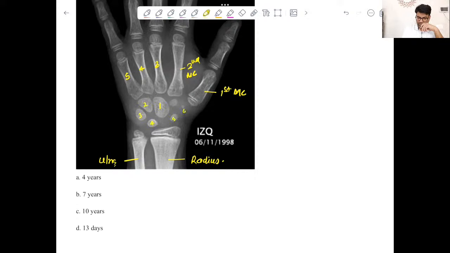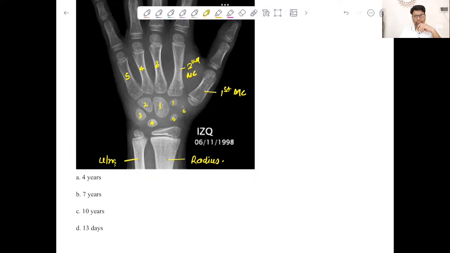This is sixth, very small, and this is seventh. So how many carpal bones can you count? It means these bones have ossified, and now we can see them. The ossification centers have come. So we can see 7 bones in the wrist area, and we know that there are 8 carpal bones.